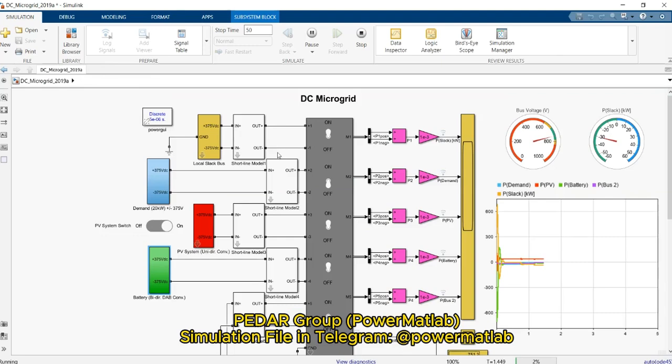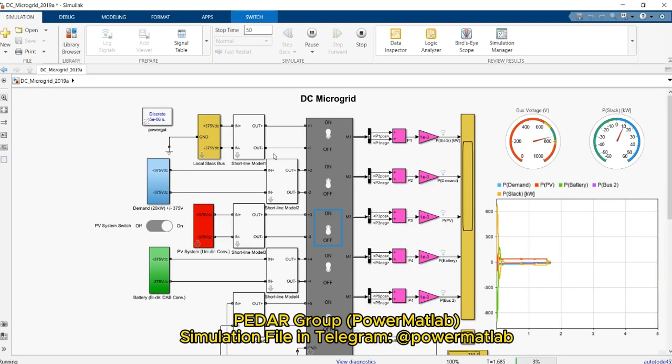However, if you turn off the PV system or disconnect the PV system from the main bus, as you can see here, the red curve of the PV system is reduced to 0 and the slack bus goes to a positive value.